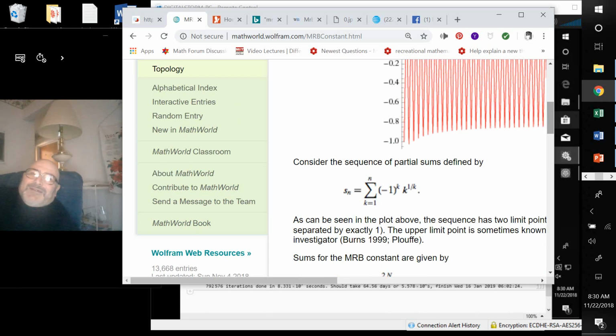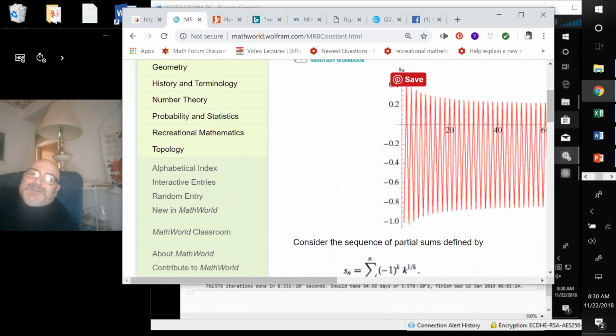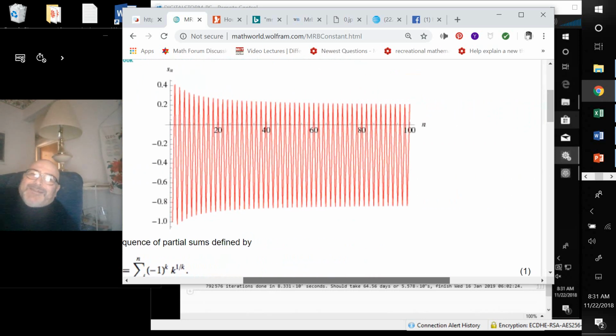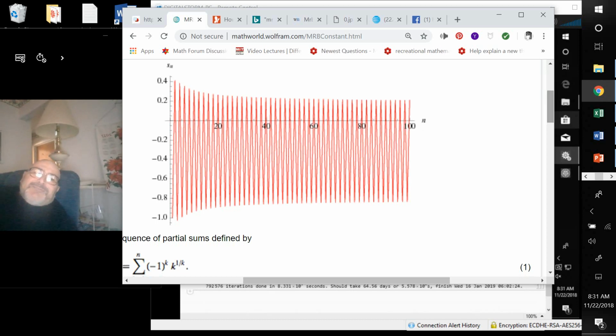He plotted these partial sums in Mathematica from the first one up to 100: -1 plus the square root of 2 minus the cube root of 3 plus the fourth root of 4 minus the fifth root of 5 plus the sixth root of 6, all the way up to 100 to the power of 1 over 100, which I think is the upper limit.